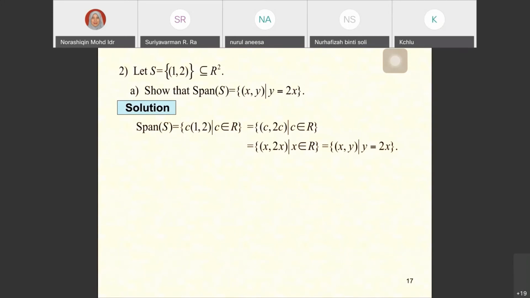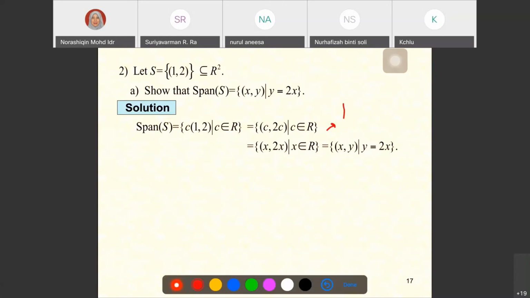Doctor, wait. In this thing, they said y is equal to 2x, is it? Yes, at the place of y, we represent it as 2x. Then why does c here become x? Because I want to put it in the form of R2, in terms of x and y coordinates.